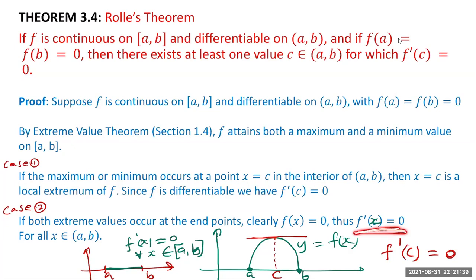That means you have infinitely many c values, which goes with the conclusion of Rolle's theorem. So that completes the proof of Rolle's theorem. Okay, let's move on.